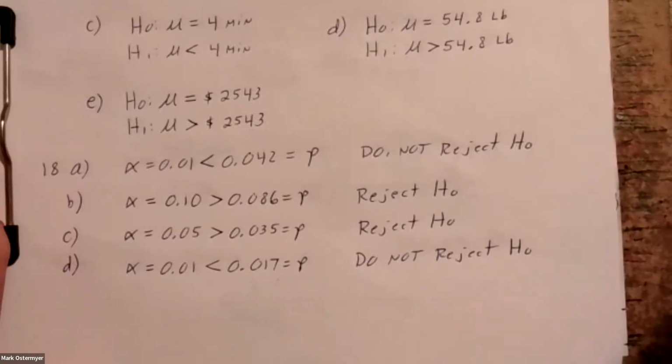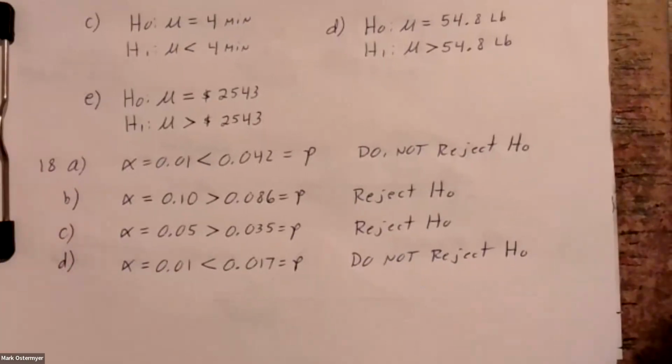And there you go. You can check your results there. That's 18A through D. So it's just a matter of comparing your level of significance with your p-value to make a decision as to whether you are able to reject the null hypothesis or you cannot reject the null hypothesis.